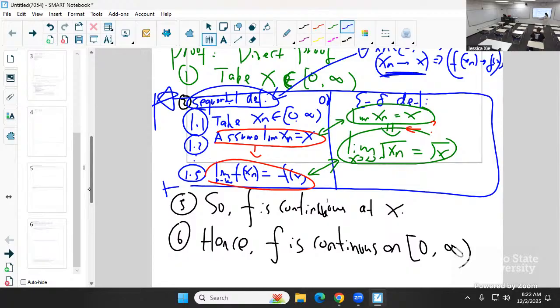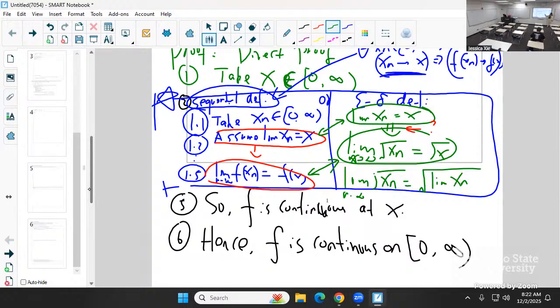So basically, you need to show the limit as n goes to infinity of the square root of x_n equals the square root of the limit of x_n, where x is nothing but the limit of x_n.